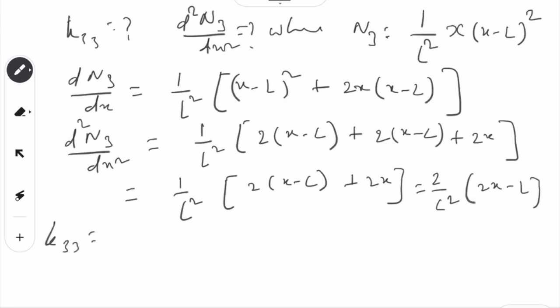Now K33 equal to integral from 0 to L, and then we have a square of that.